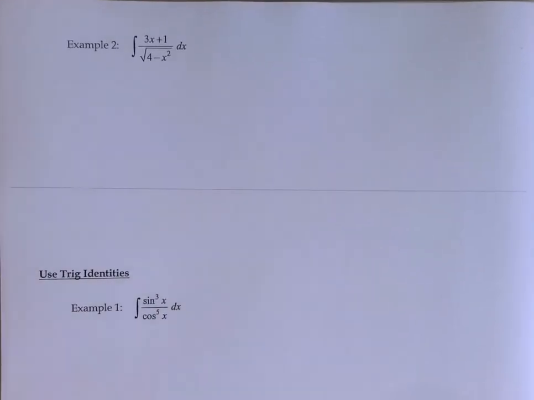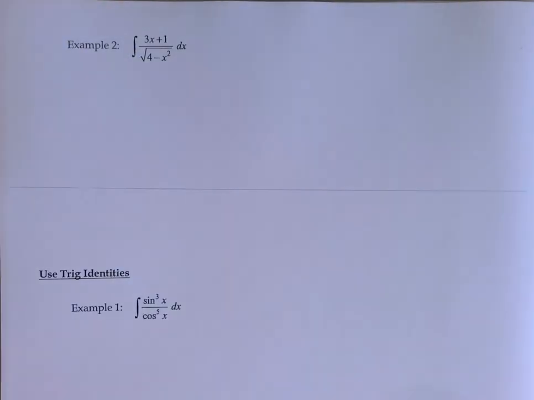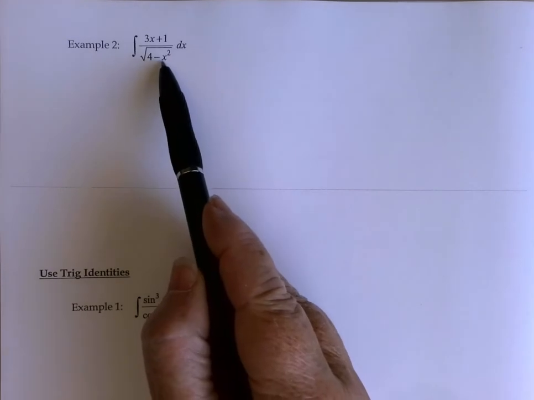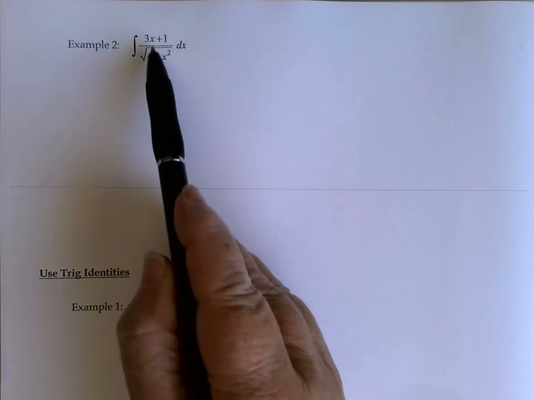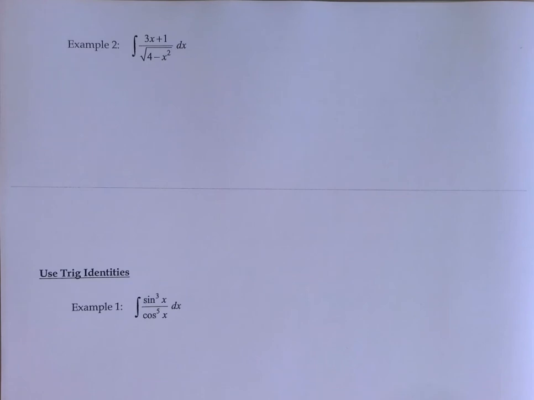I didn't mention this last time, but we should always verify that we can't just leave it the way it is. And of course here the obvious u would be 4 minus x squared. The derivative would be negative 2x dx. The x would be fine, but I wouldn't have anything to do with that 1. So I'm going to say, since I can't do a basic u substitution, let's try splitting up the numerator.